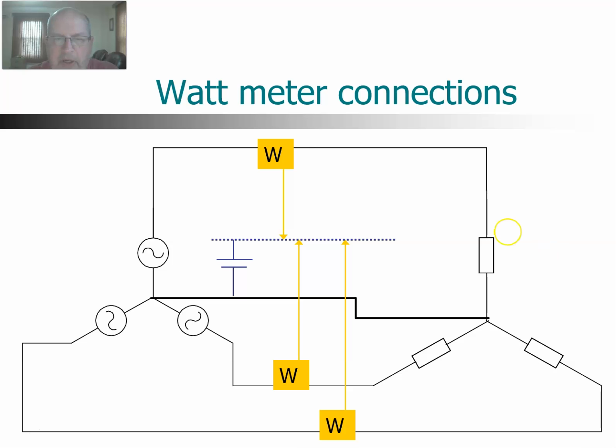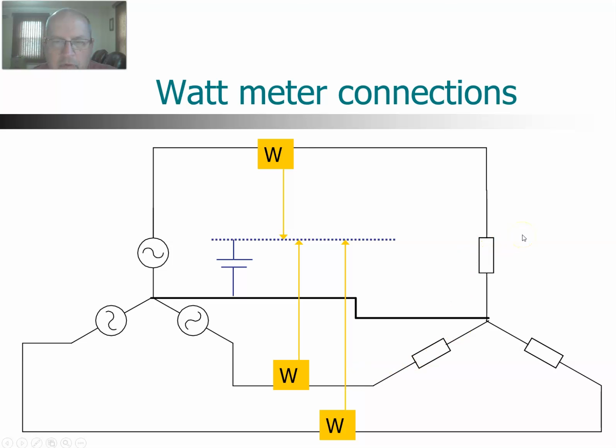So what happens here? Well, now this wattmeter is probably reading a little bit less because it's reading presumably less voltage than it did before. So the product would be less and this would read lower. On the other hand, these 2 wattmeters have a higher voltage than they did before because, again, this is shifted upward from the neutral. So this is reading higher and this is reading higher.